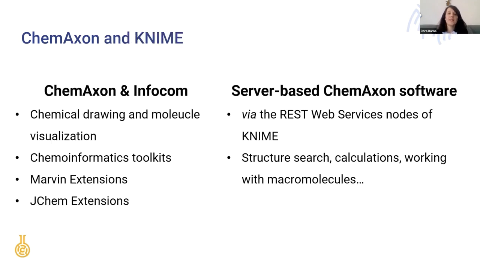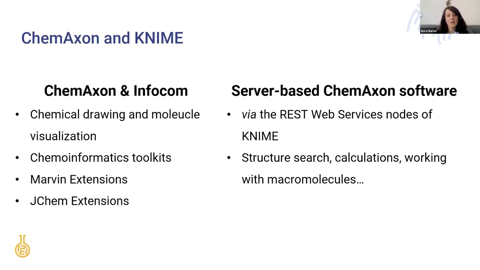So how can we access and use these Chemaxon tools from KNIME? There are two major alternatives. One of those is by using the dedicated Chemaxon Infocom nodes that you have just installed. These extensions are developed by our Japanese partner company called Infocom.